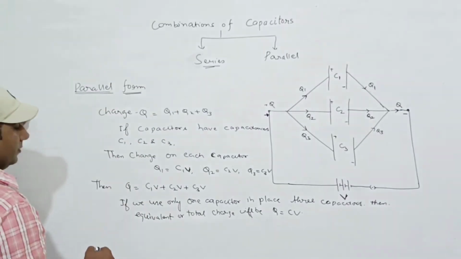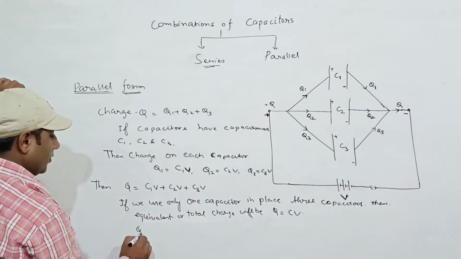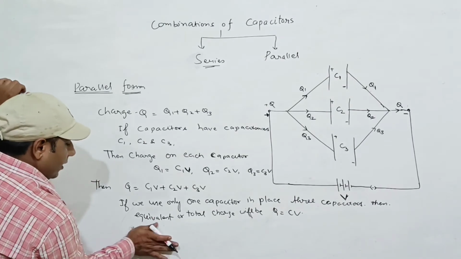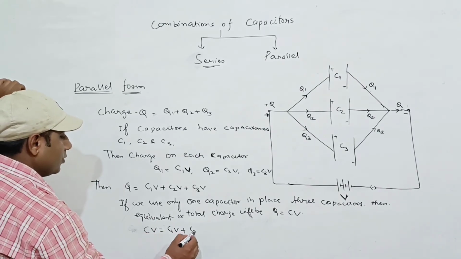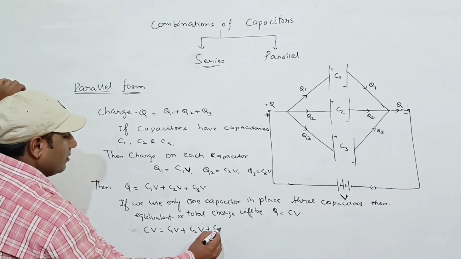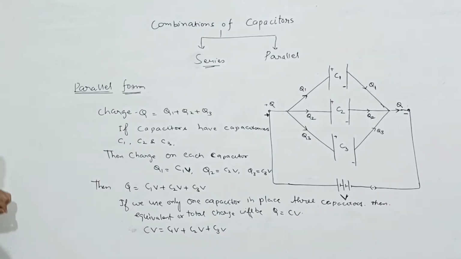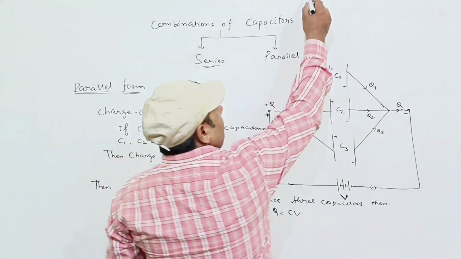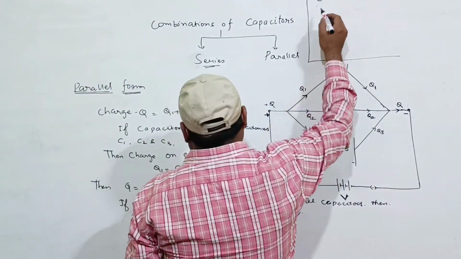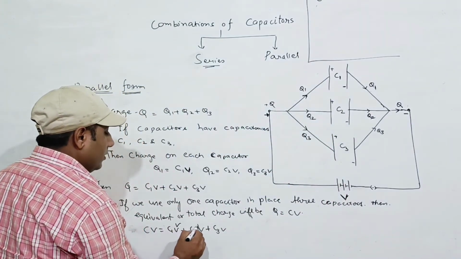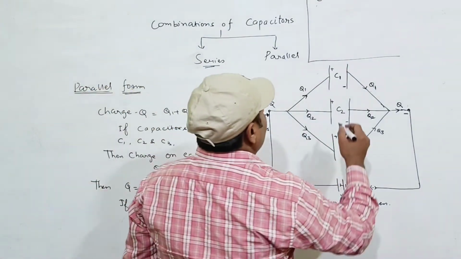Now put Q is equal to CV, then CV is equal to C1V plus C2V plus C3V. Look, V is common in all capacitors.